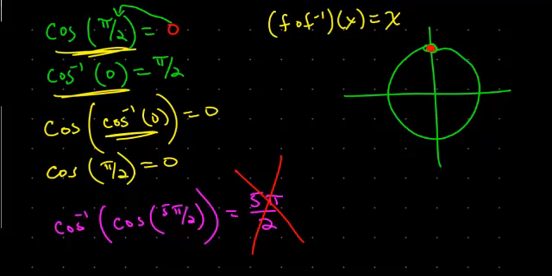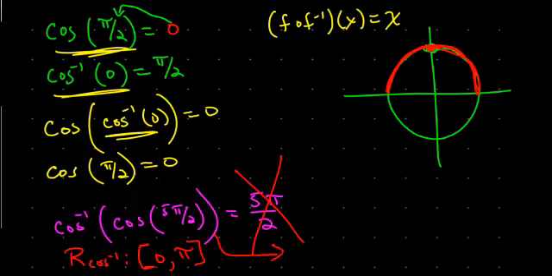The range of the inverse cosine is going to be 0 to pi, and 5 pi over 2 is not in there, so you'd have to break this one down to see what it is. So it's going to be the inverse cosine of the cosine of 5 pi over 2.